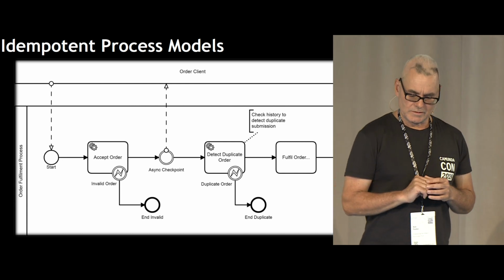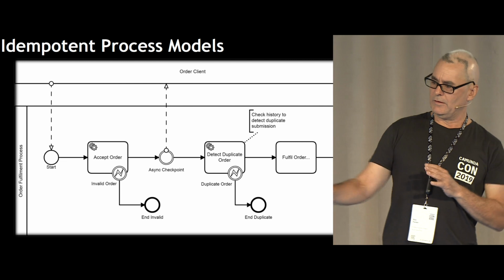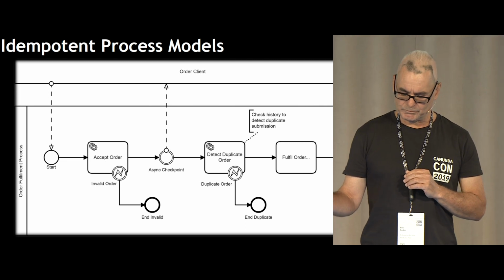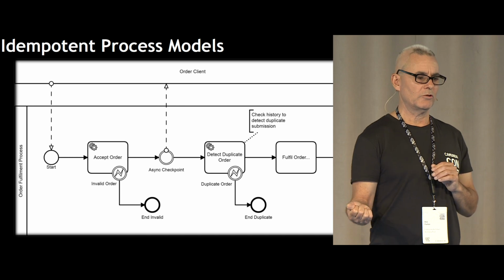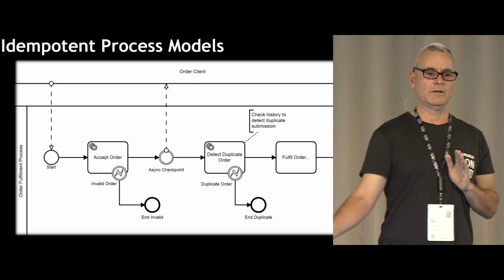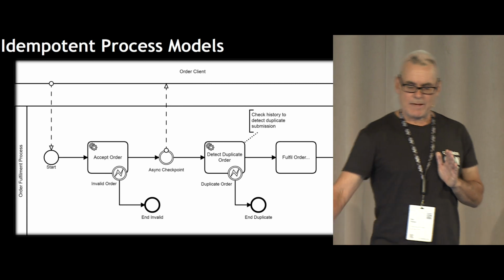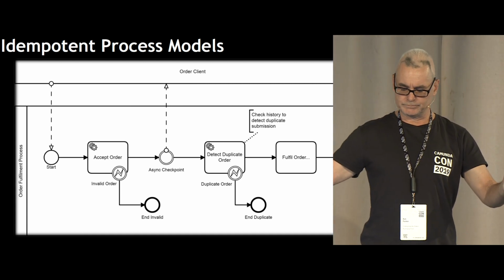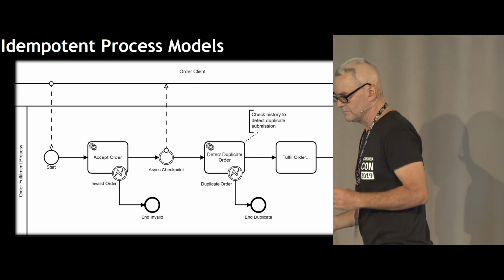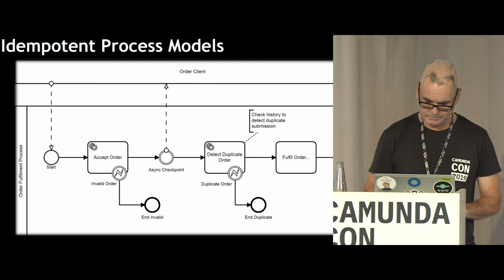Behind the scenes, it doesn't matter that there are multiple orders detected in the duplicate. If we do detect one, we'll just quietly reroute away, so that process instance doesn't matter. One of them will get through, one of them won't. So let's have a look at that, actually, in practice.